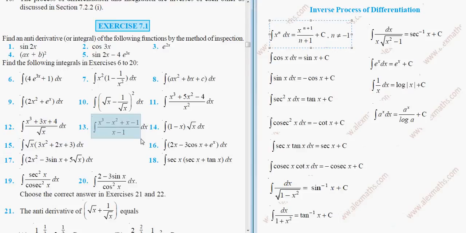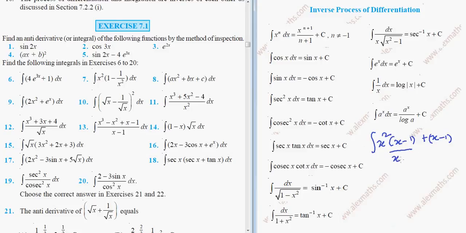Then this one you can factorize the numerator. Okay. This I will do and show you here. If I take x square from the first two terms, what will happen? x square into x minus 1. Then the last two terms I will keep separately. Okay. Then whole divided by x minus 1.